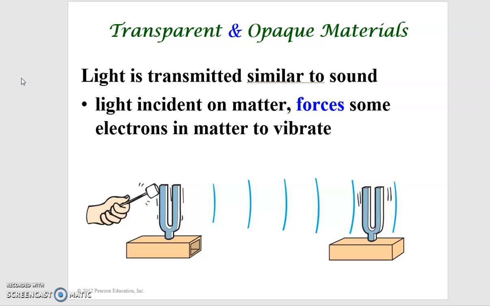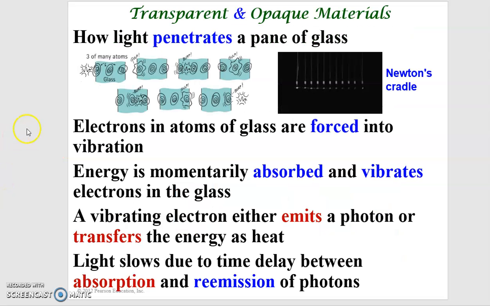They will force the electrons within the particles to vibrate. And these electrons will then hit the second one. You can see from the diagram here, the light comes in and hits the first one and vibrates the electron within the first atom, and then hits the second one, and the energy is propagated through.